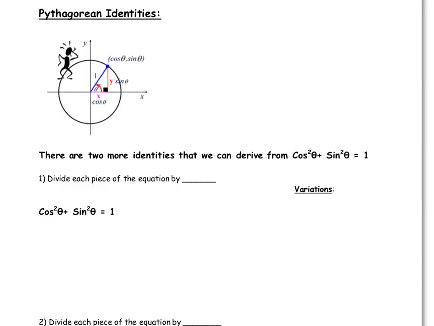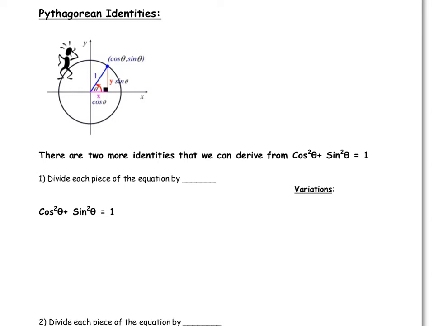Okay, the next set of identities come from the Pythagorean identity. So, the picture that you see here to the left is a unit circle. And remember, in a unit circle, any point on the unit circle is cosine comma sine. If we drop down this perpendicular and we make a little triangle, we have x and y, which make up the legs of the right triangle, and 1, which is the hypotenuse.